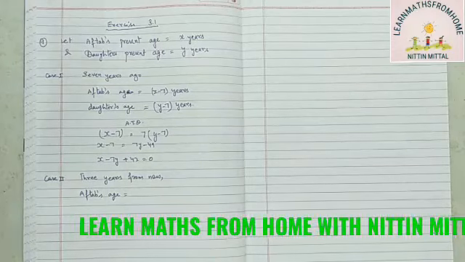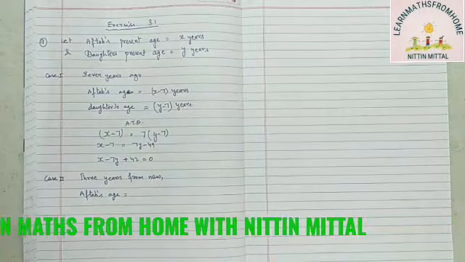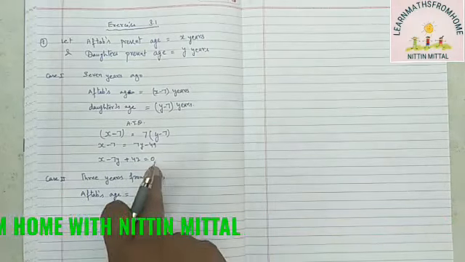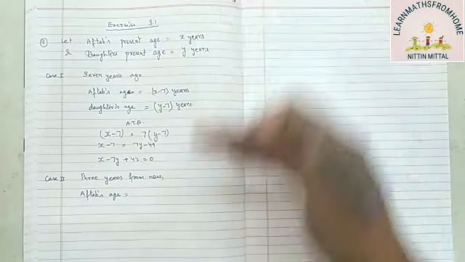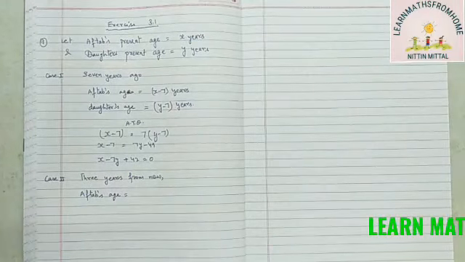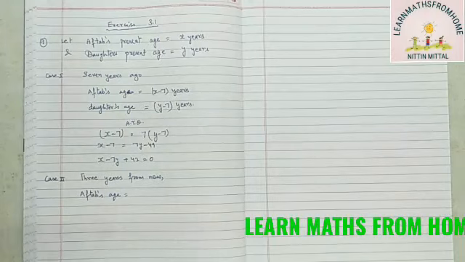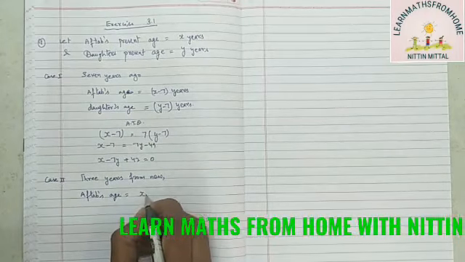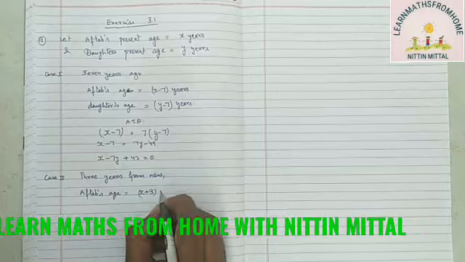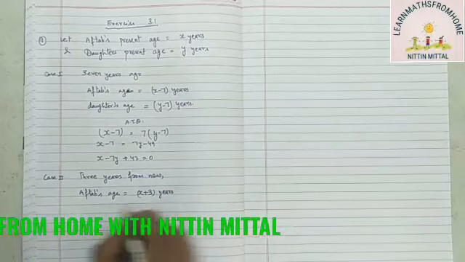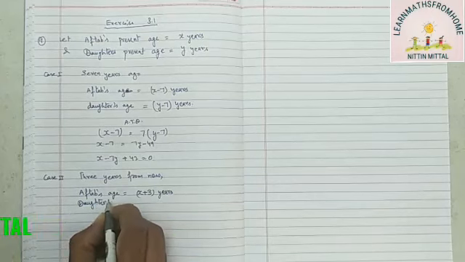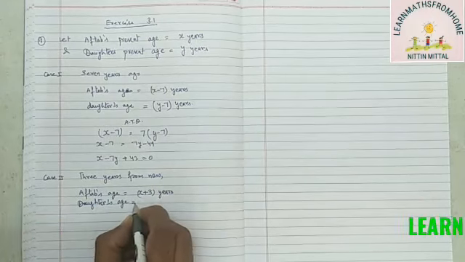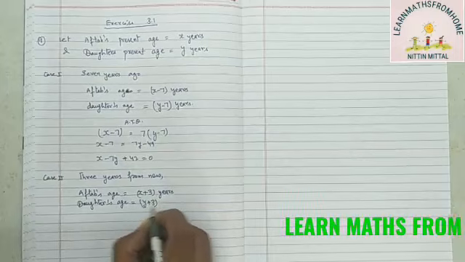Case 1 was 7 years ago, that we have made the equation, matter finished. Now we have to start anew from the present age. We have to go 3 years from now. Now means present. So Aftab's age will be x plus 3 years and daughter's age will be y plus 3 years.